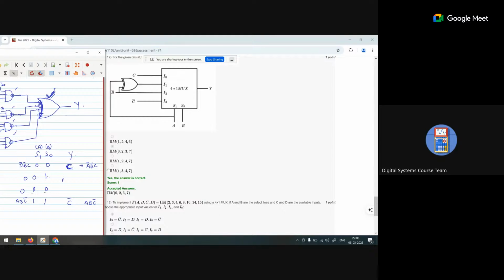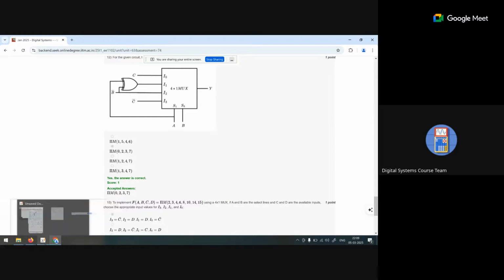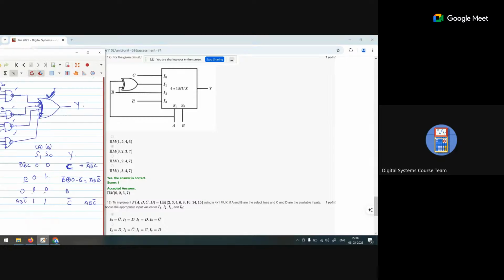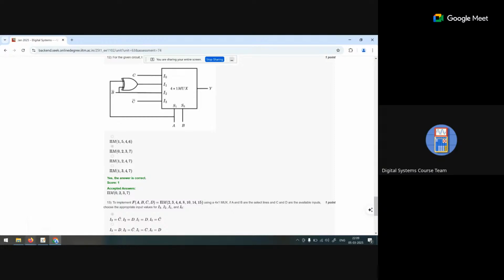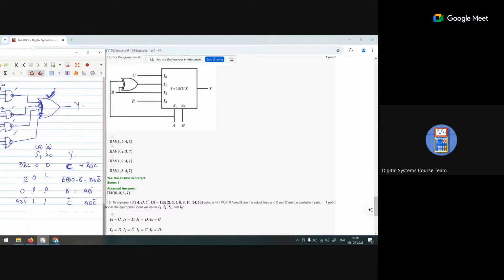So it is A B bar XOR 0 is B bar, and the equation for this particularly is A bar B B bar. So it becomes 0. And for when it is 1 0, I2 is selected, and I2 selected is simply B bar. It is A B bar. So it is A B bar. Clear?